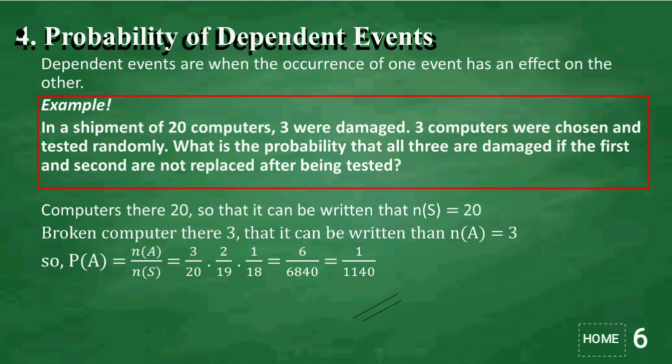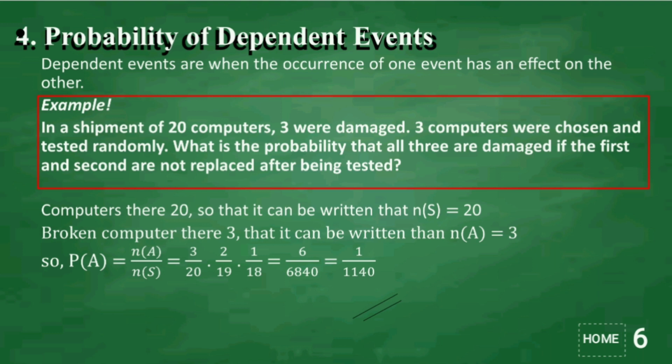The solution: there are 20 computers, so it can be written that n(S) equals 20. There are 3 broken computers, so it can be written that n(A) equals 3.